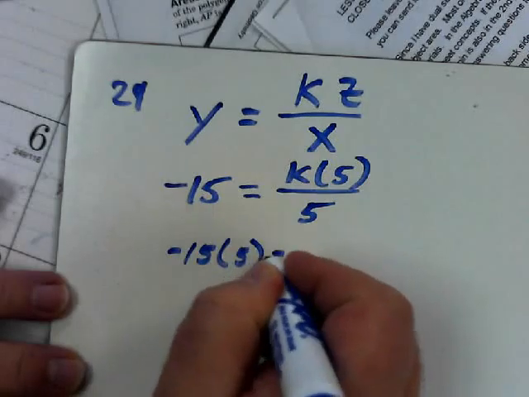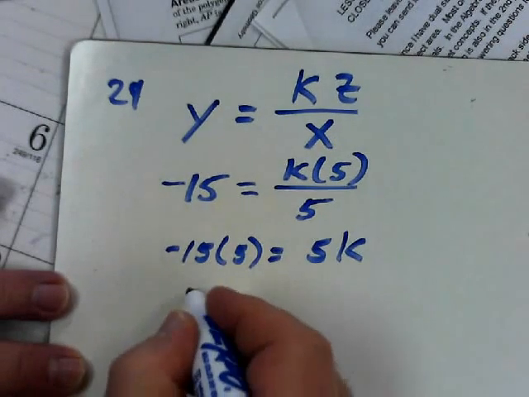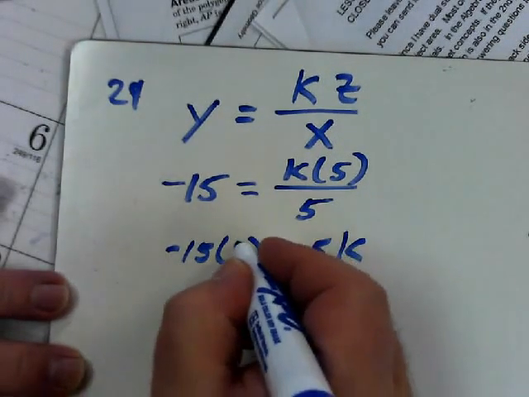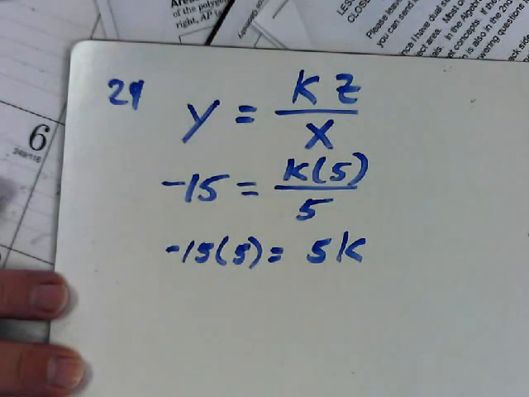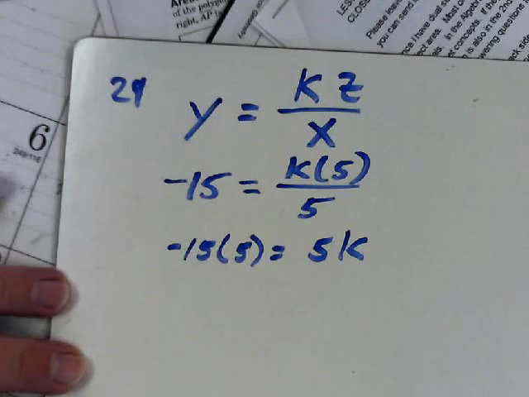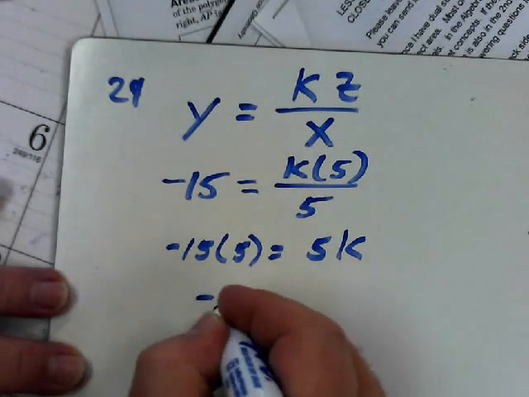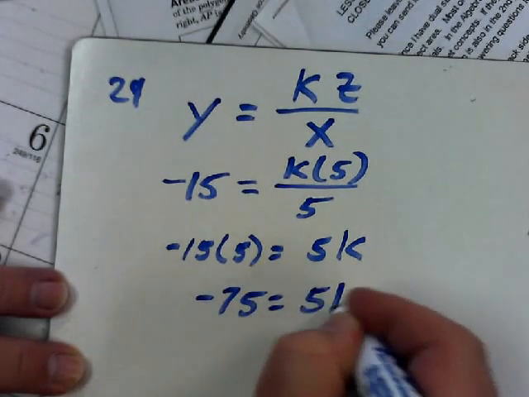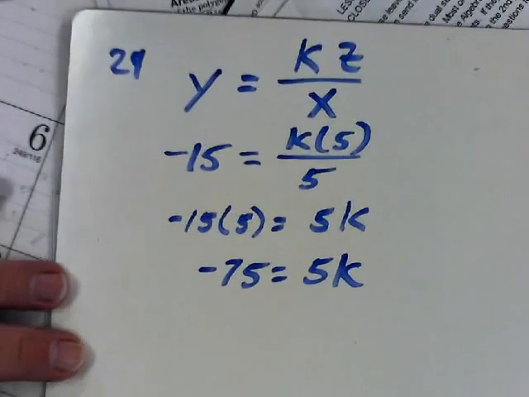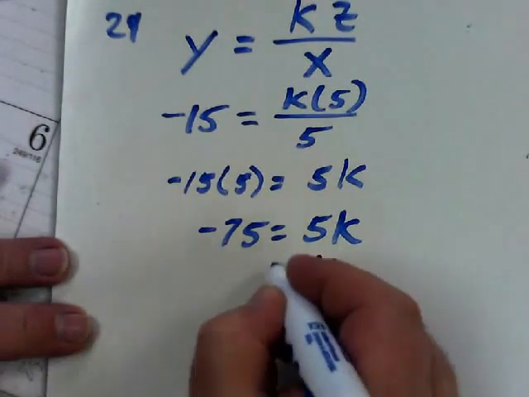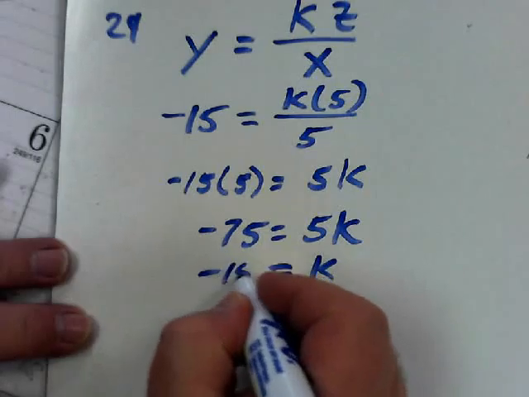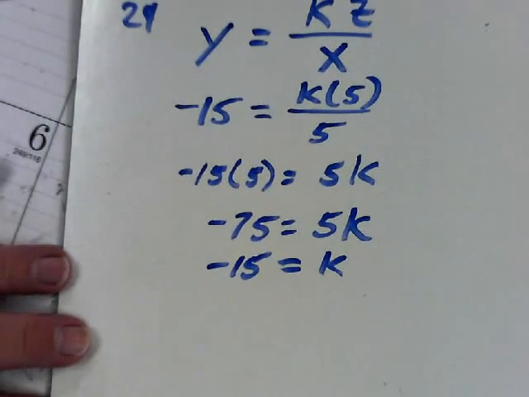Negative 105. 5 times 15 is not negative 105. No, it's not. I added wrong. It's like 75. Yeah, it is. Negative 75 equals 5k. So k is equal to negative 15. So you got that.